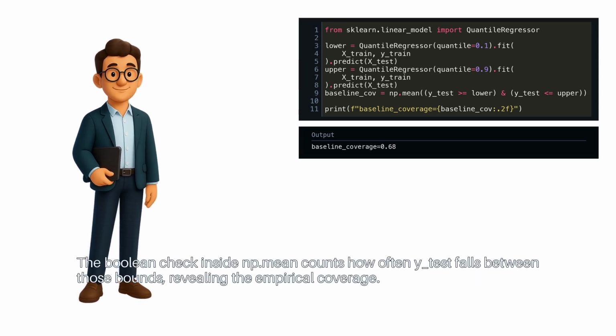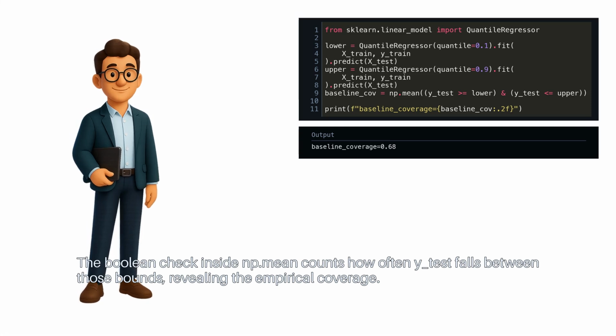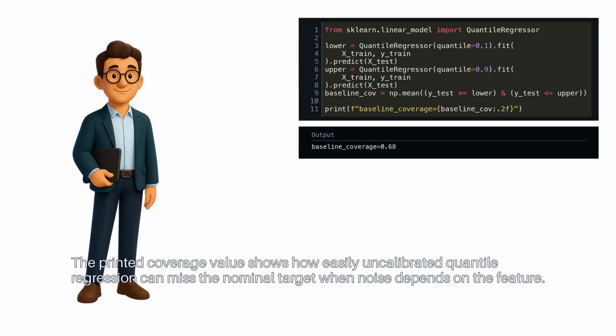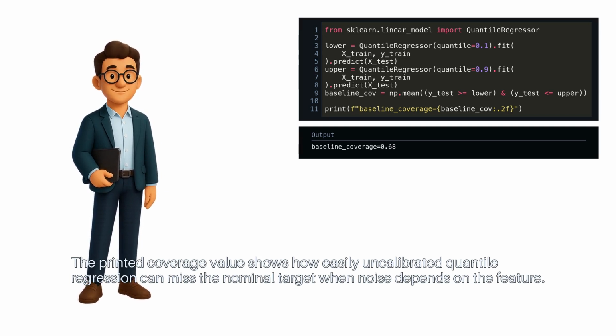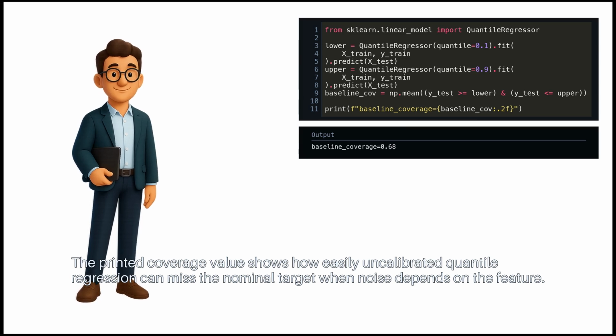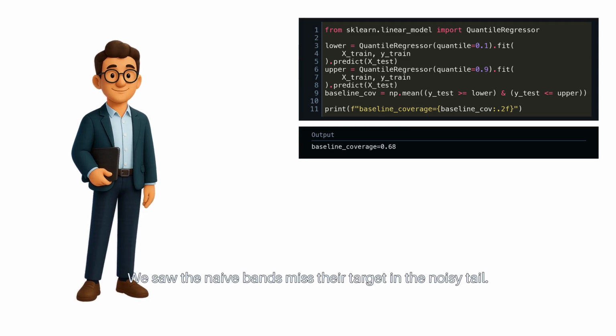The Boolean check inside np.mean counts how often Y test falls between those bounds, revealing the empirical coverage. The printed coverage value shows how easily uncalibrated quantile regression can miss the nominal target when noise depends on the feature. We saw the naive bands miss their target in the noisy tail.